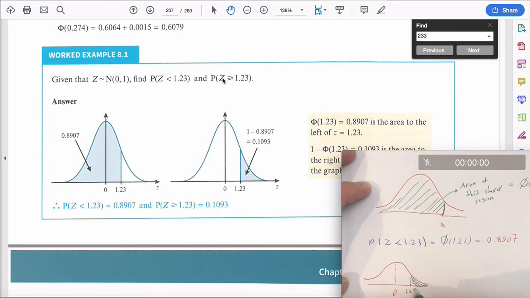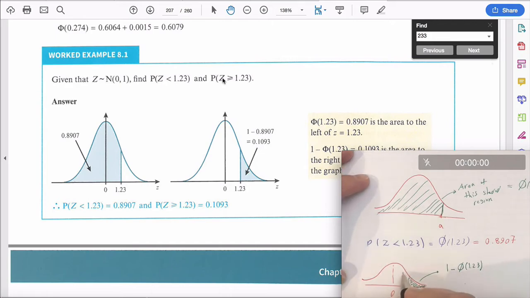But we know that the whole probability is always 1. So we can write that this region is 1 minus phi of 1.23. We already found it. So 1 minus 0.8907, if you subtract, will be 0.1093.